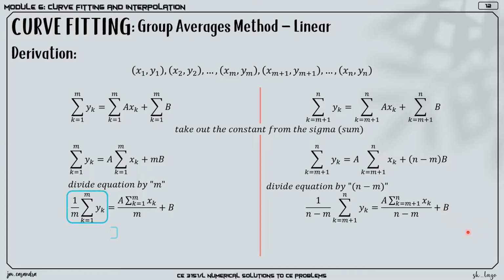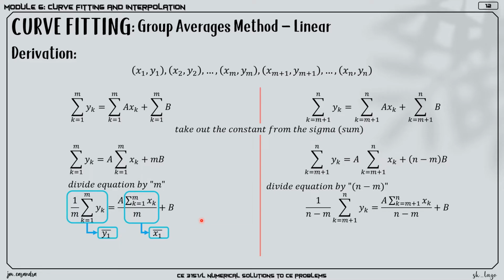So from here, the left side of the equation represents the average y of the first group, or the first half of the coordinates, and a times the summation of x sub k over m is the equation for the average of x.